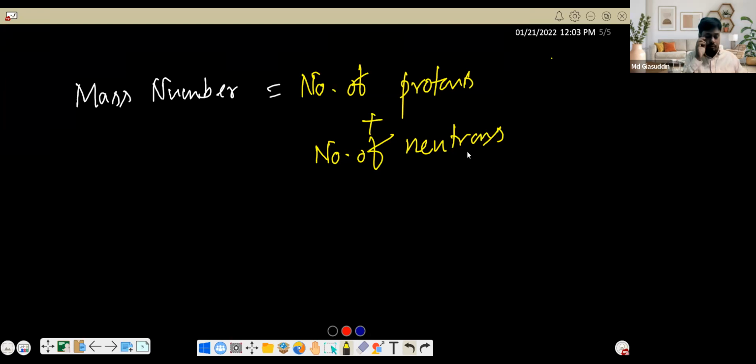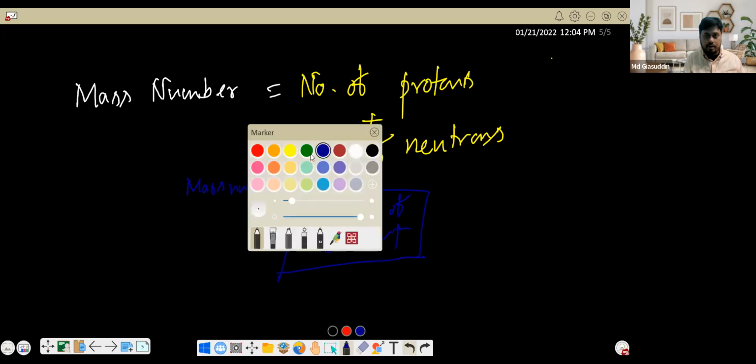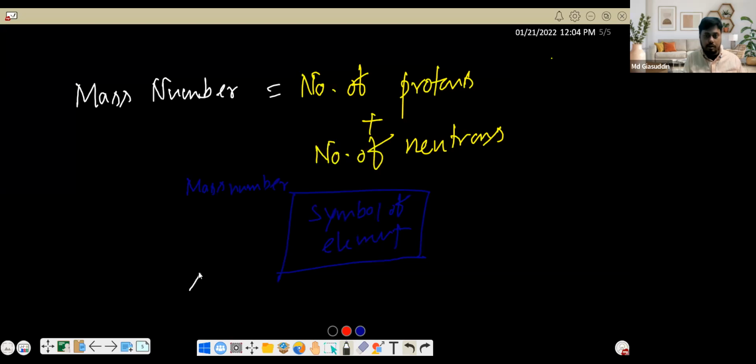Just the last thing I want to say is the right way of writing. We write the mass number here, and here we write the symbol of the element, and here we write the atomic number.